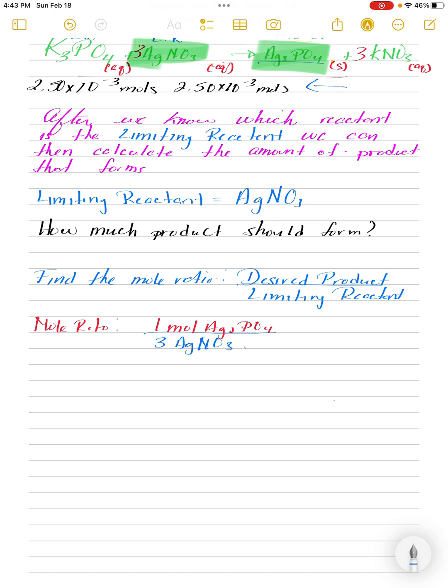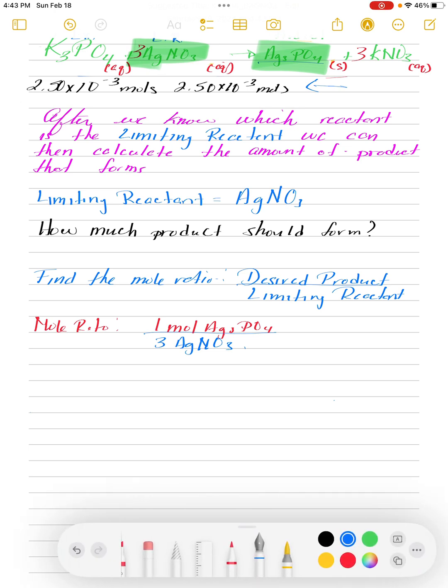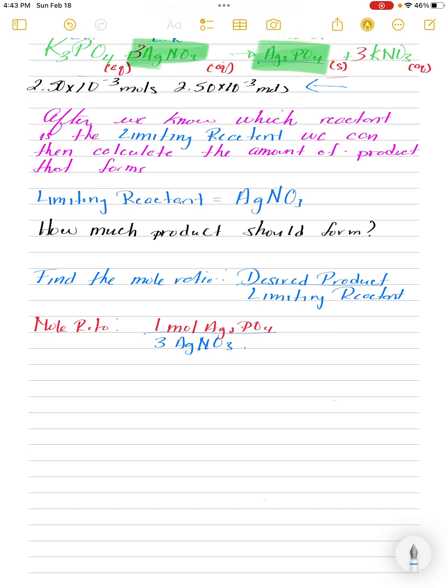Now that we have our mole ratio, we need to determine how to calculate the amount of product. Whenever you're going to calculate product, you're always going to start with the amount of the limiting reactant. In this case, that's this amount right here, 2.50 times 10 to the negative 3. It's easy in this case because both of these have the same value.